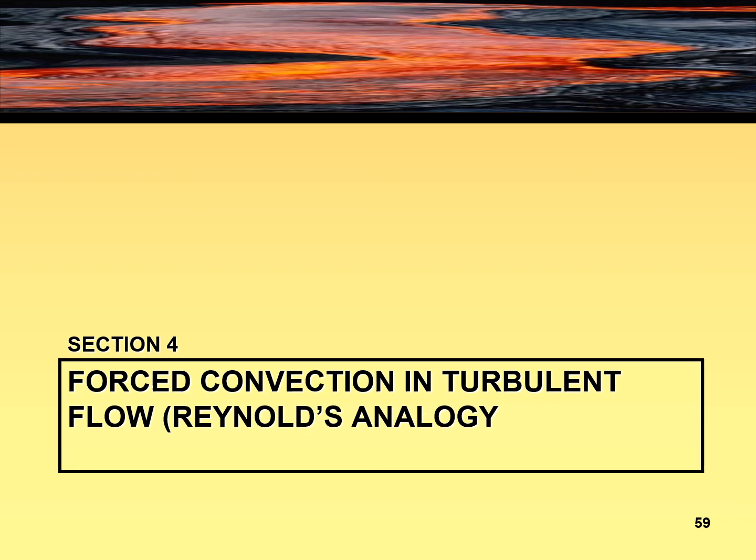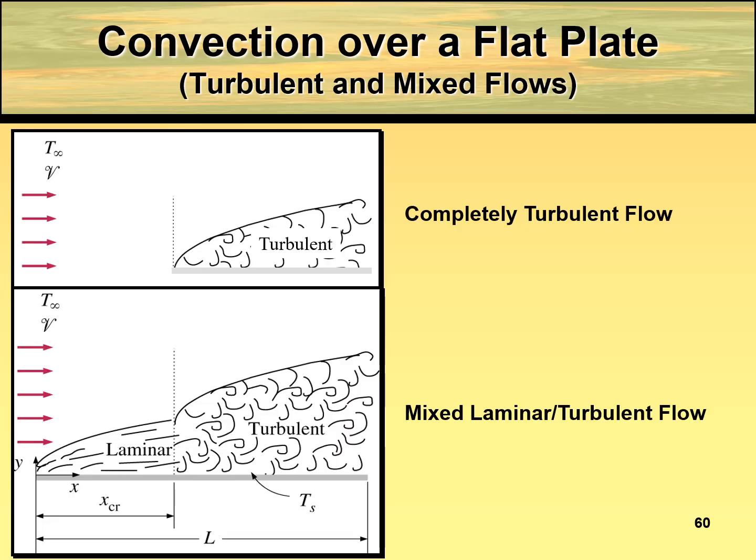All right, so let's look. Previously we looked at the laminar flow conditions. Now let's move to flow over a flat plate under turbulent flow conditions. We're going to analyze 2 conditions.